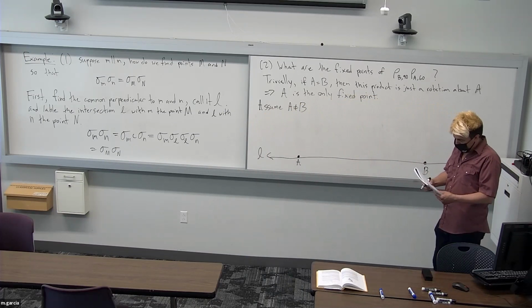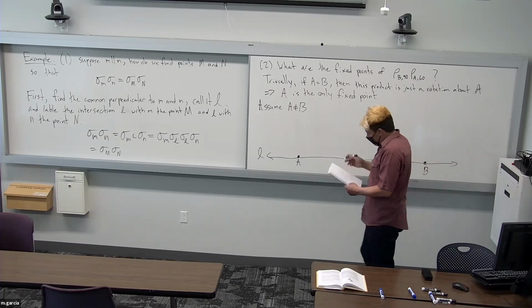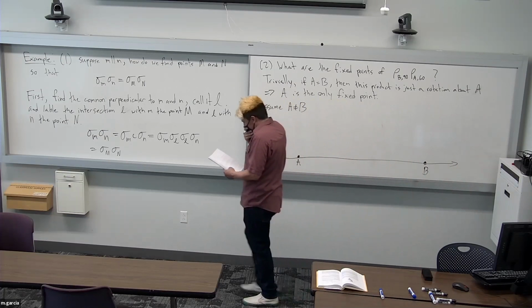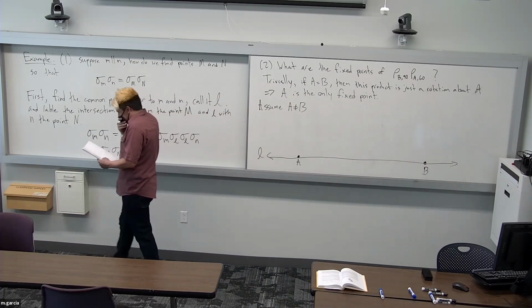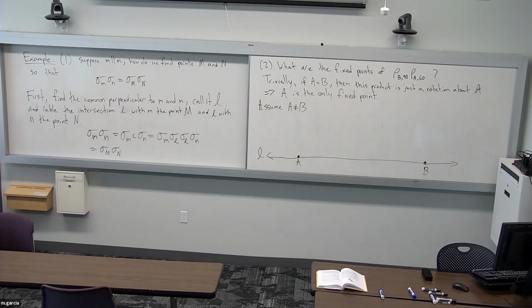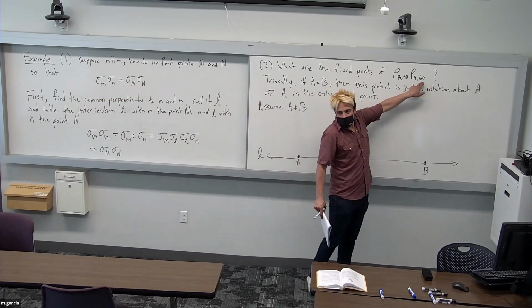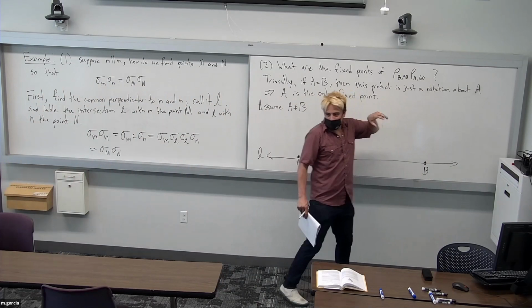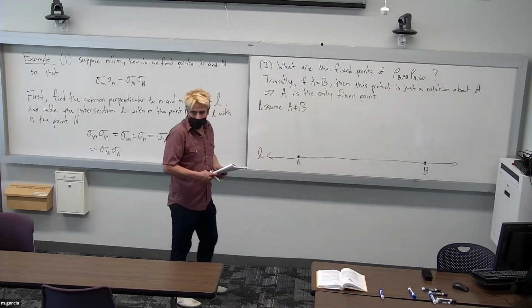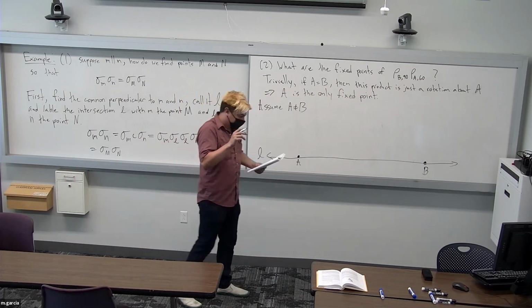Okay. So our goal is to find a line M through A with directed angle measure from M to L, half of the rotation that's specified by rho.